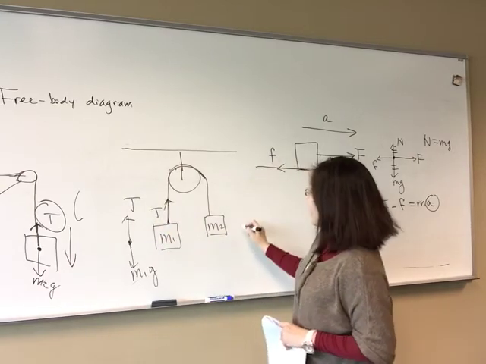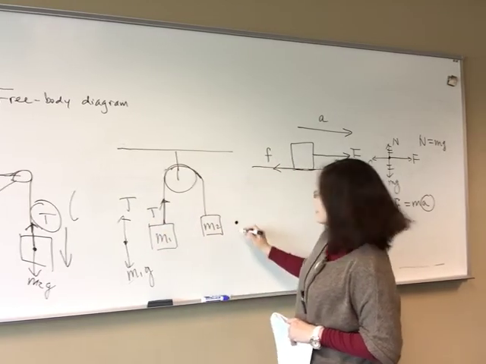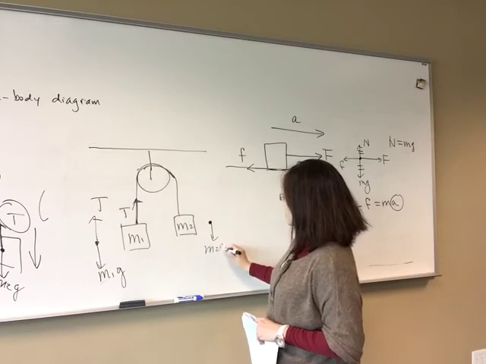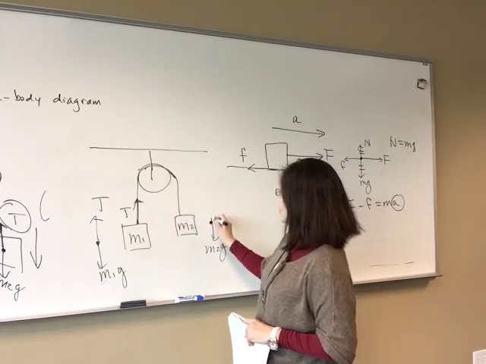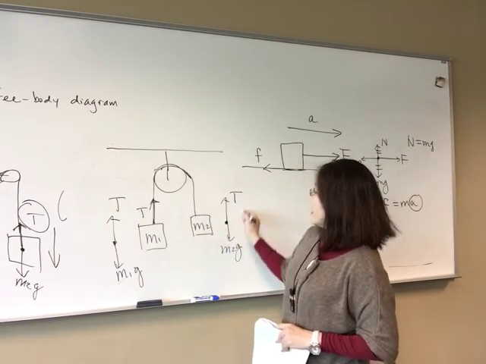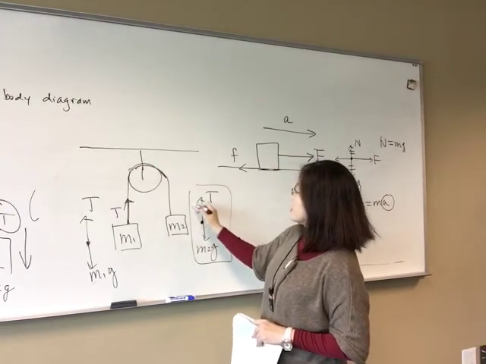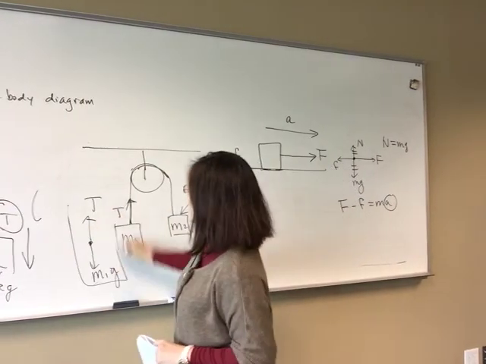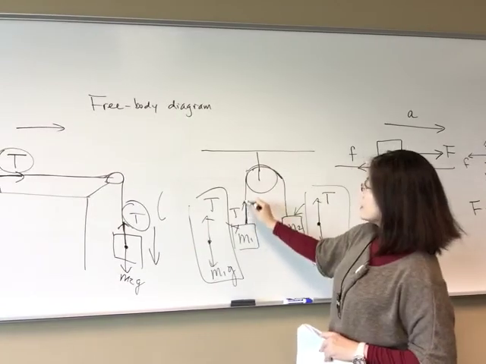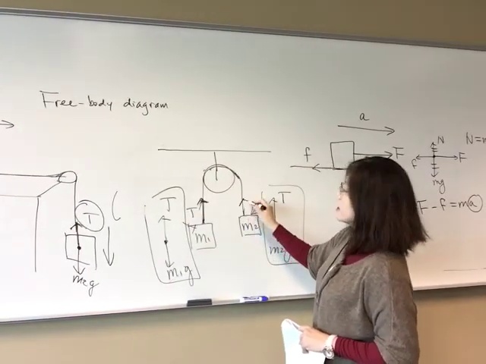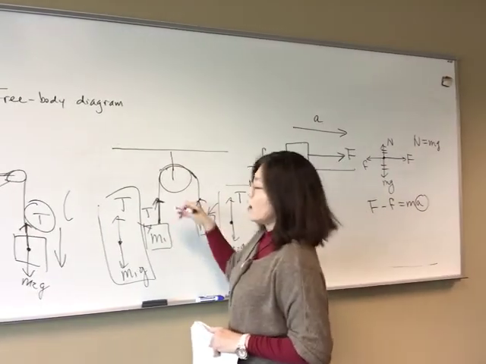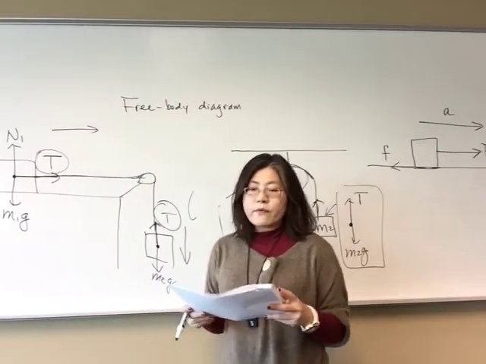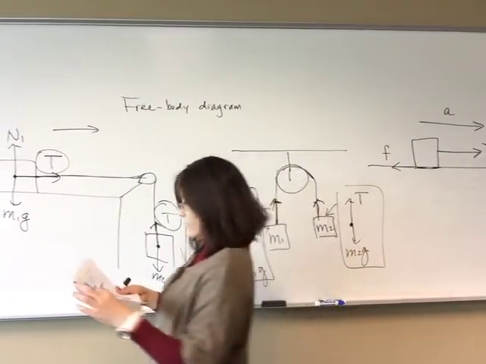Likewise, on m2, you still have the downward m2g gravitational force, and on the contact point, you have the tension here. So this is the free body diagram for this object, and this is the free body diagram for that object. And you can see that the tension here is upward, and the tension here is also upward. It's always directed away from the contact points.